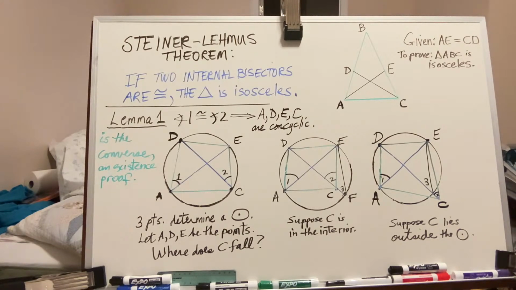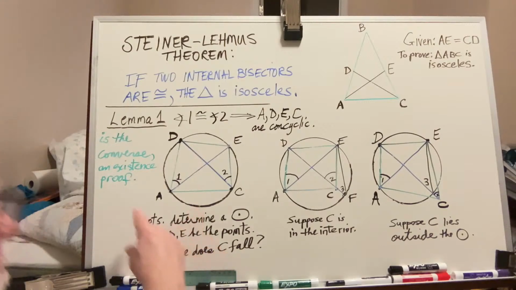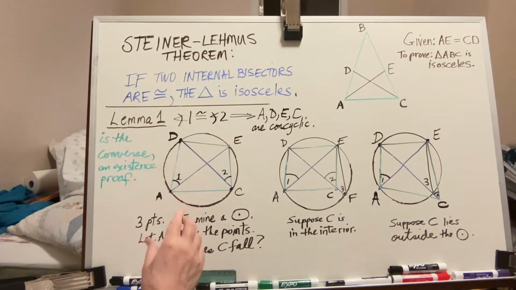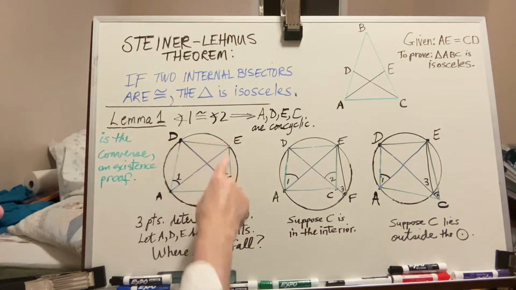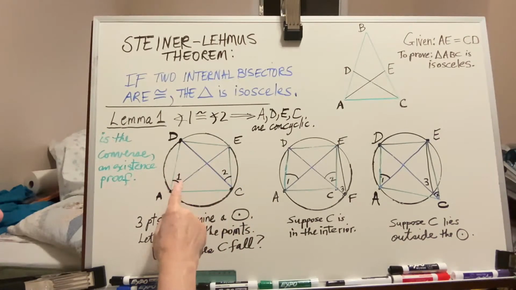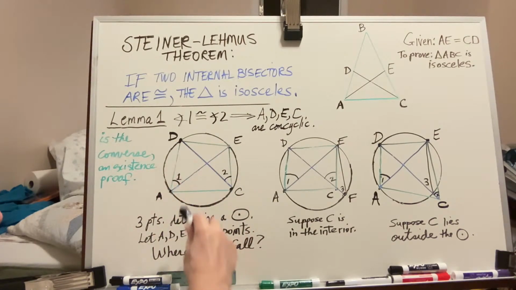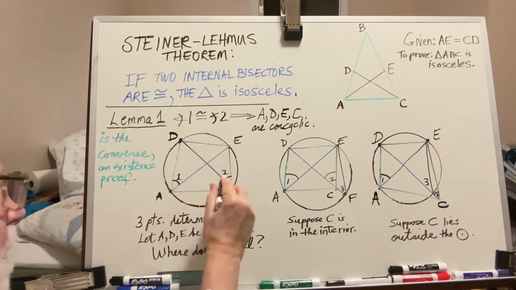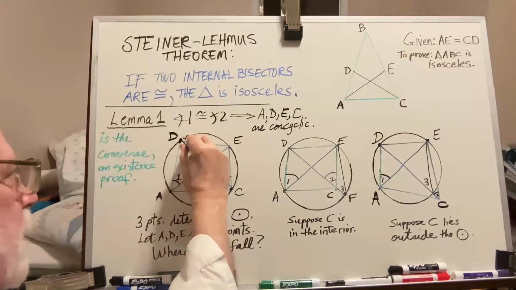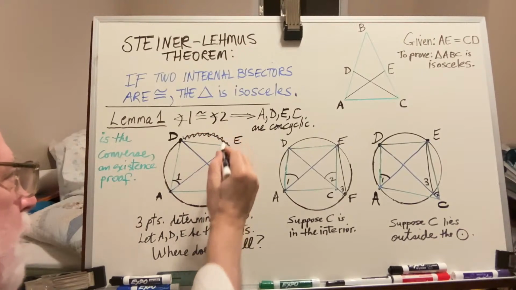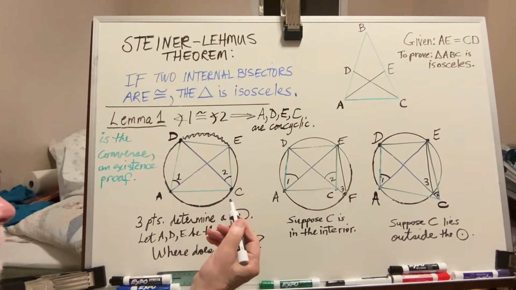The one you might be used to is the converse. Given a circle, you inscribe a quadrilateral in the circle, and of course, angle 1 is going to be congruent to angle 2 because they share an intercepted arc.